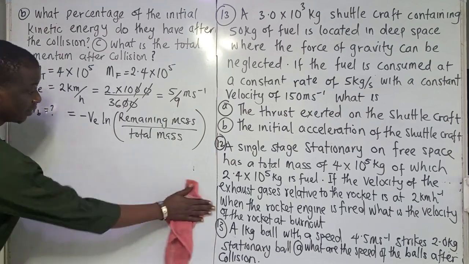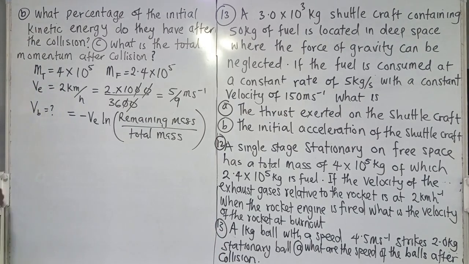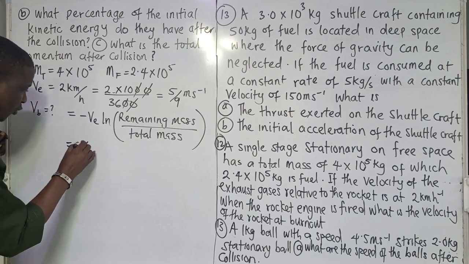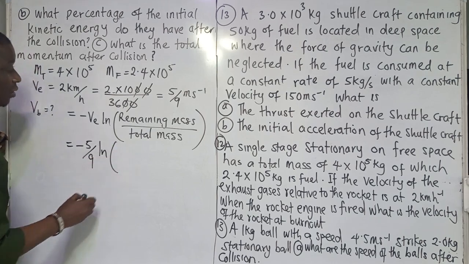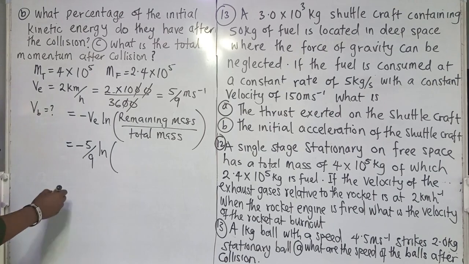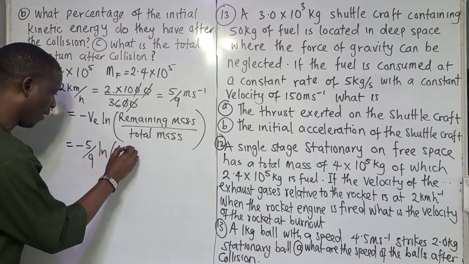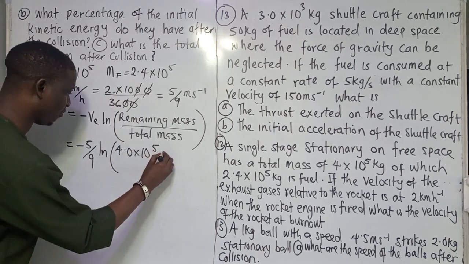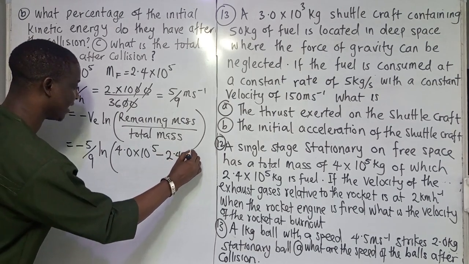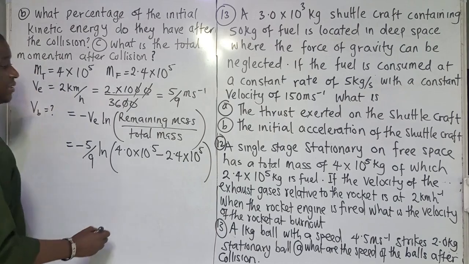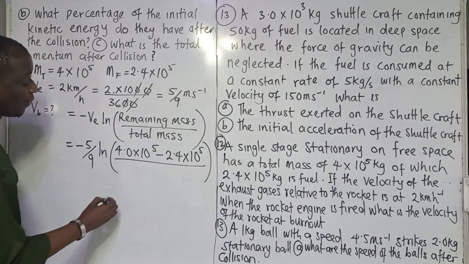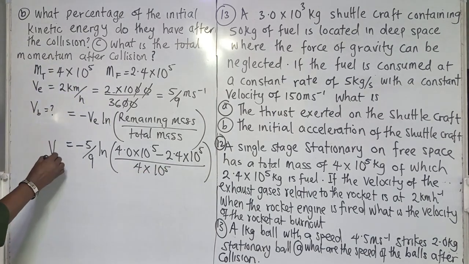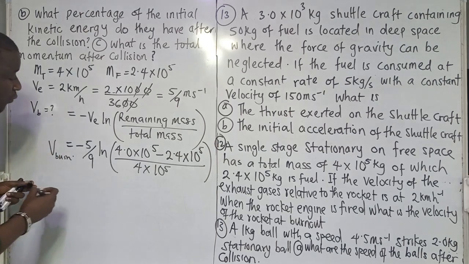Sorry, let me clean this side. So this will now be what? The velocity of the exhaust we have calculated as 5/9 ln of the remaining mass. The remaining mass is calculated by 4.0 times 10 power 5 minus 2.4 times 10 power 5, over the total mass, 4 times 10 power 5. So we'll play with it and get our burnout velocity.